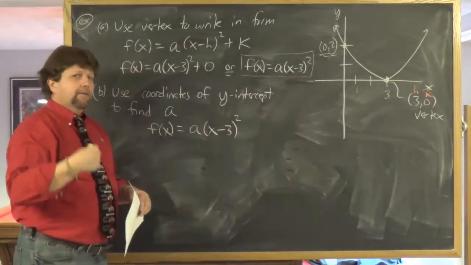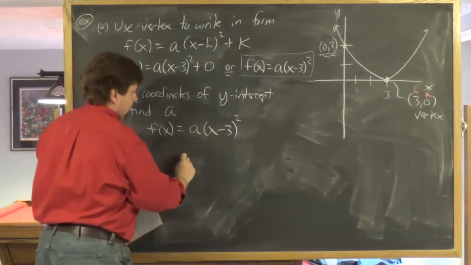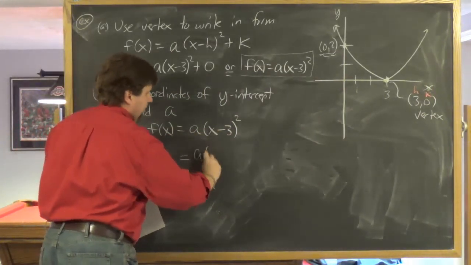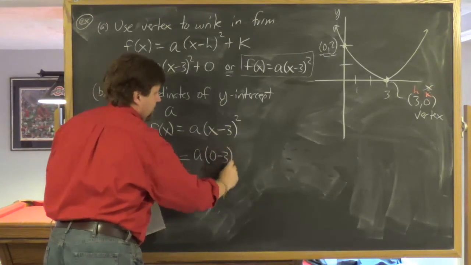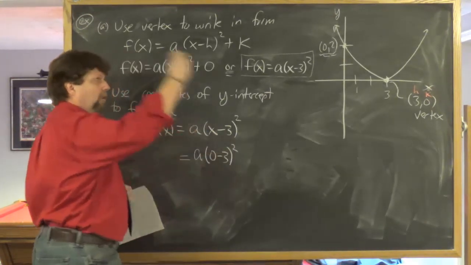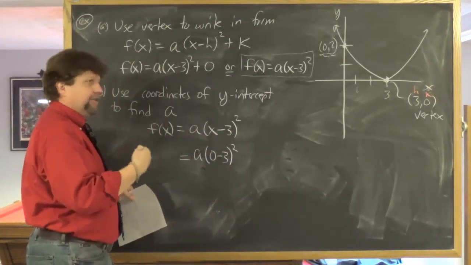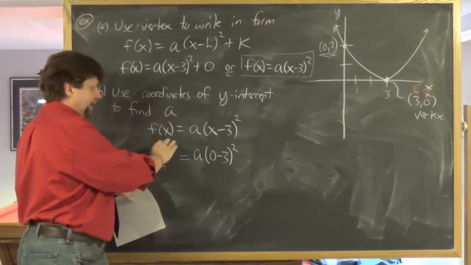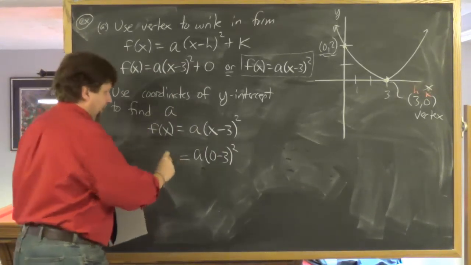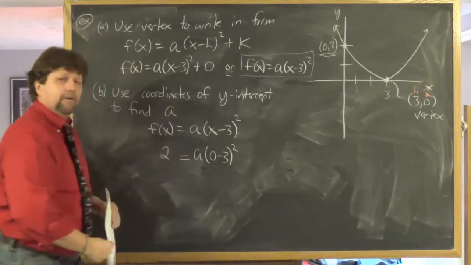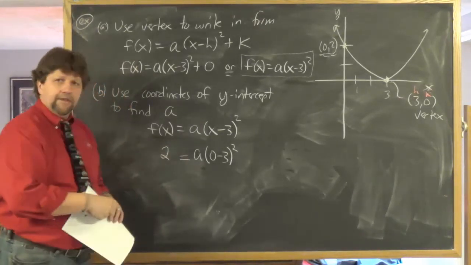So when I put 0 in for the x's, so here's 0 going in for the x, what comes out for y has to be 2. What comes out for f of x has to be 2. I should be able to solve this for a.